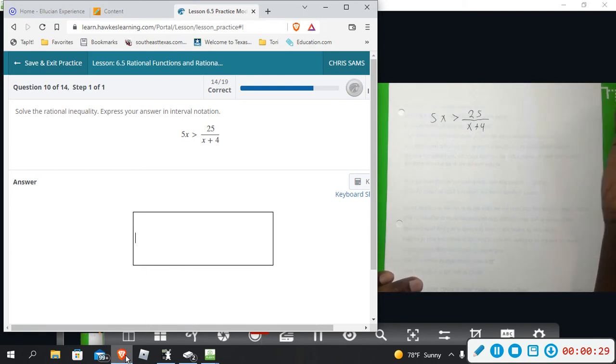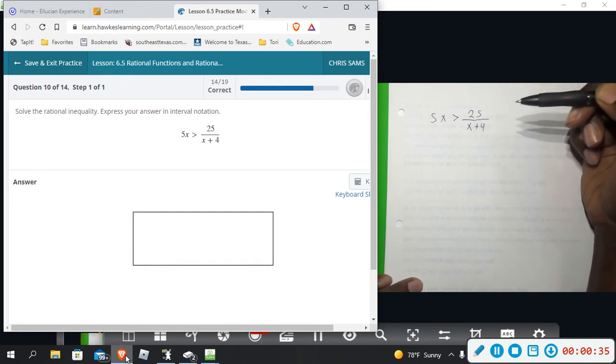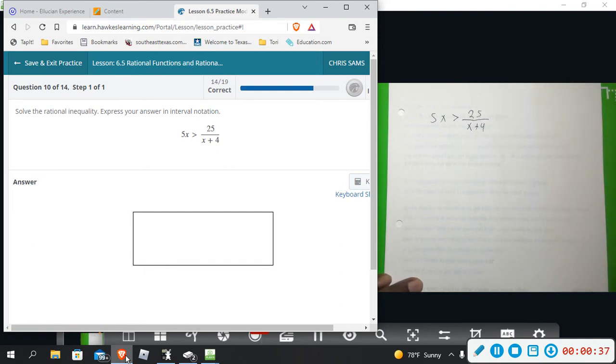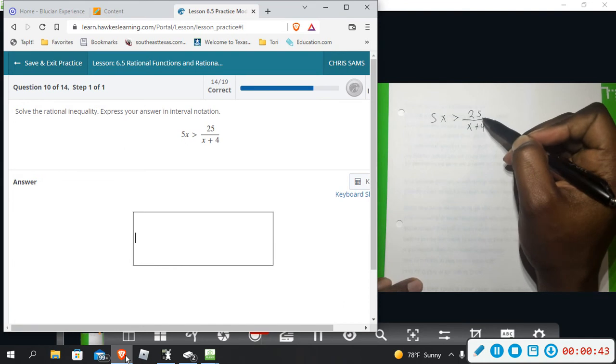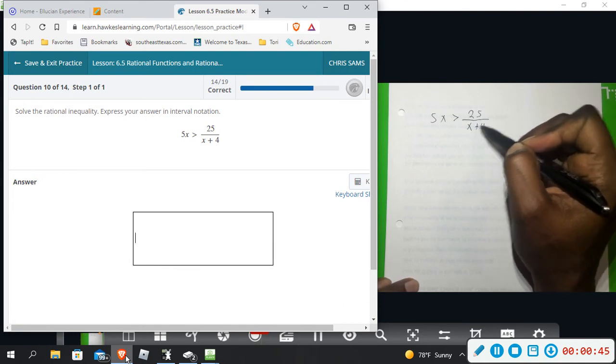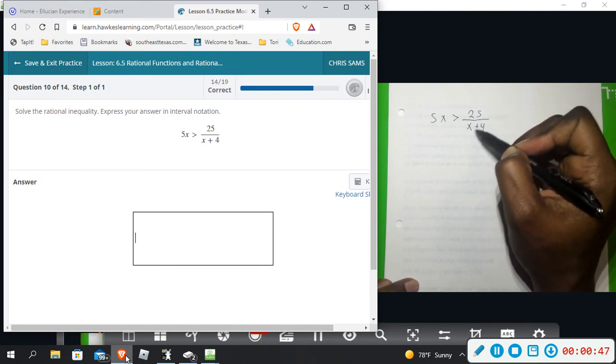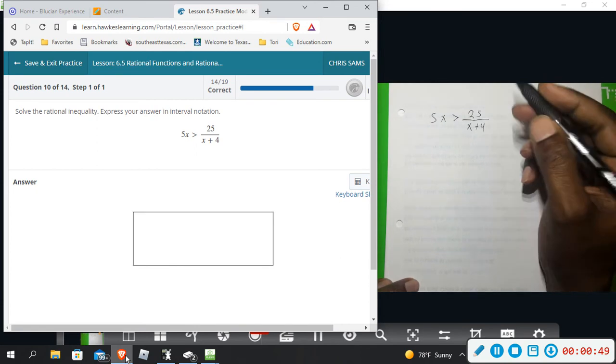And we want to first find out what makes this function 0, or critical values that we cannot use. So anytime you have this fraction, you're going to take the bottom and find out what makes it 0. You cannot use that, but that will be a critical value.